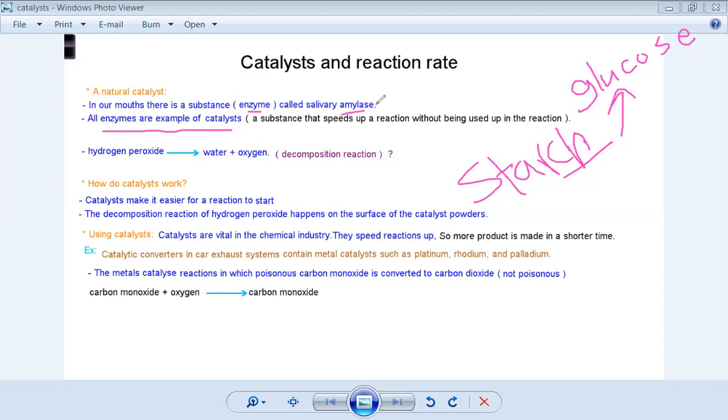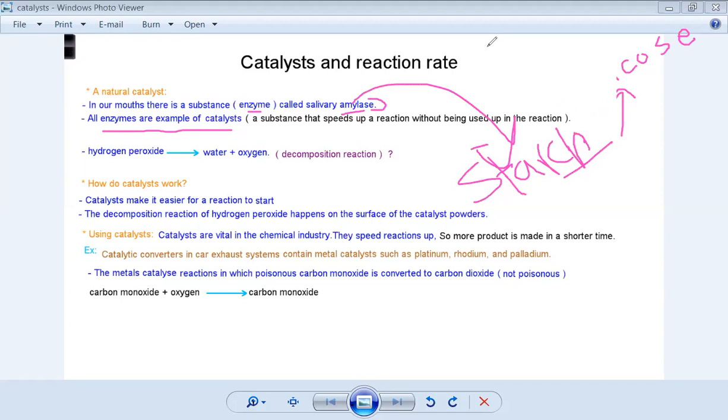Here we didn't use up the amylase, we didn't lose the amylase. We still have the amylase inside our mouth. So we are only using the amylase to convert the starch into glucose, without the amylase joining the reaction to form another compound. Is it clear?